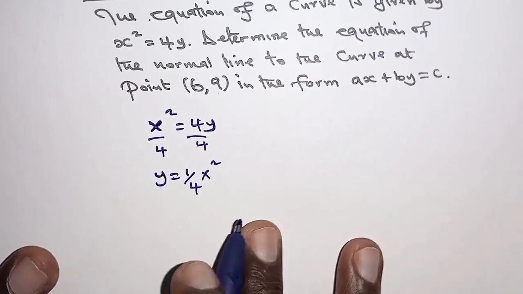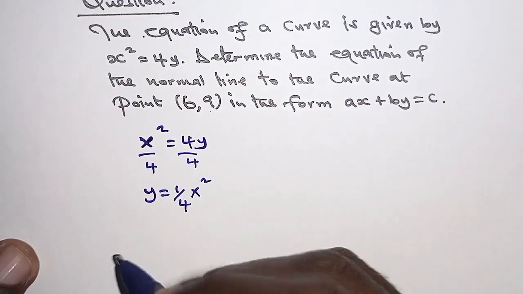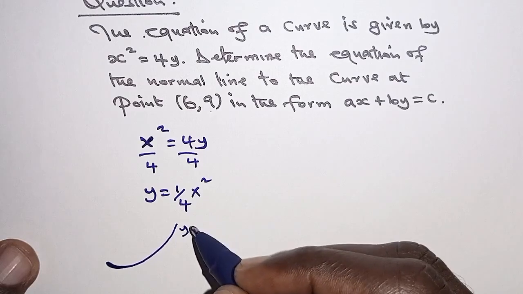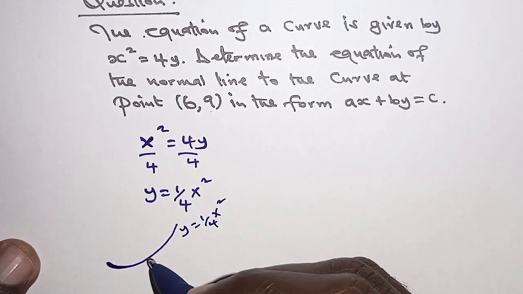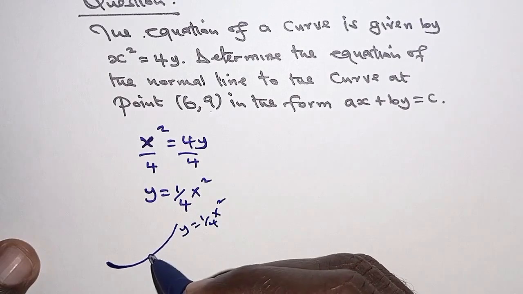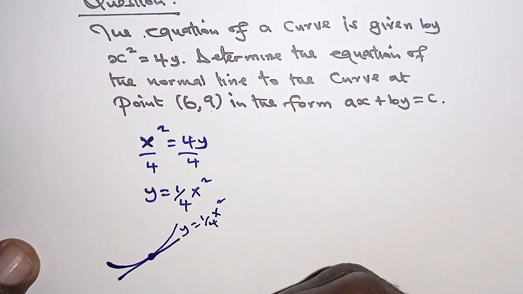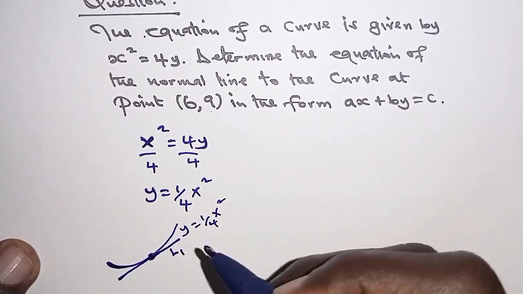Now we can sketch this information. You can have it in a diagram. So we have a curve whose equation is y is equal to a quarter x squared, and then at a point on the curve, let's have the tangent line like that, and let's call the tangent line line 1.